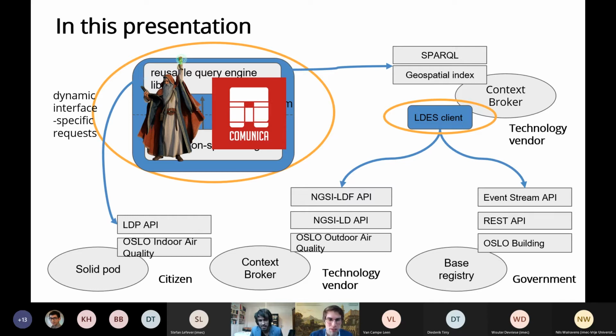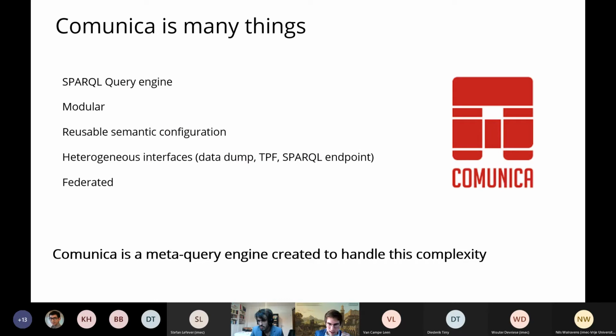Now I will be talking about the Communica engine in more detail and how the LDES clients work. So Communica is many things. It was invented to solve SPARQL querying as its main task in the beginning. Why? Because there's a need to have a modular query engine where you can create specific building blocks for specific query tasks.